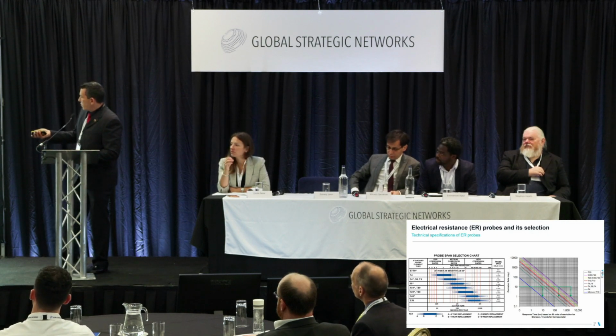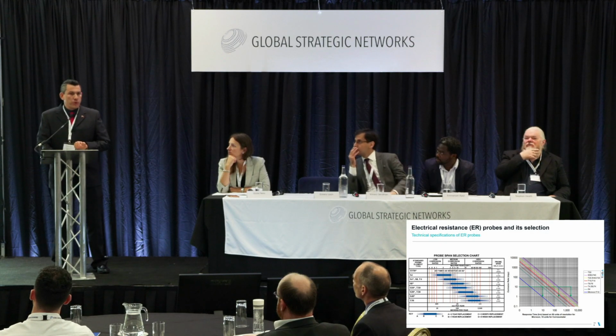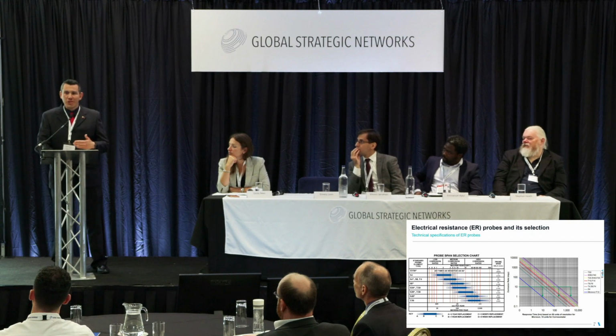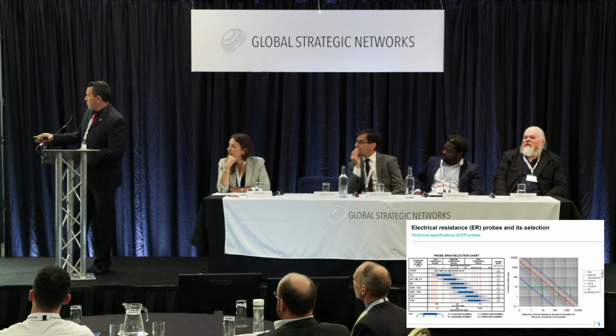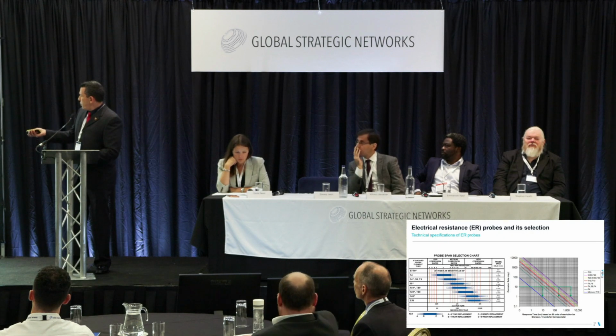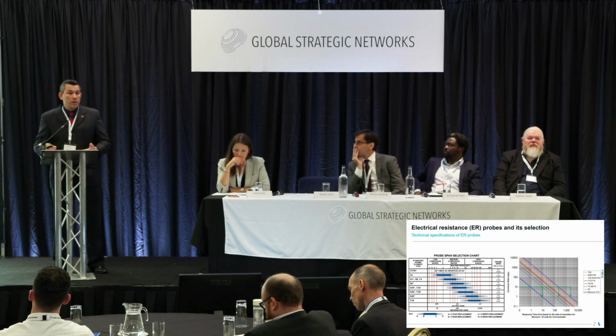How to do this? Okay, when you are selecting corrosion probes, you need to have a clear understanding, or at least a guesstimation of your expected corrosion rate, because that's the first parameter that you need to use to come here at the top of this graph. And then you also want to have information from the process, like, okay, how quickly do we need feedback from the corrosion probe?